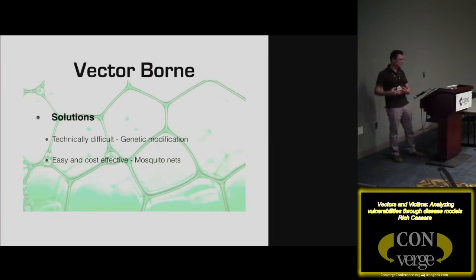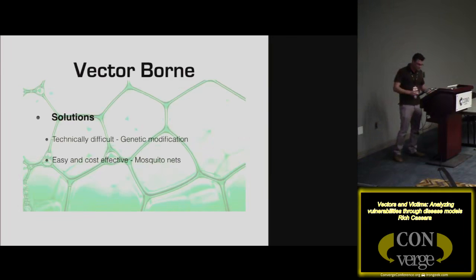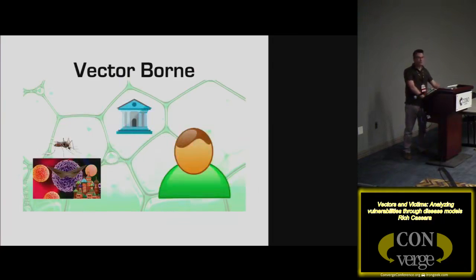It's really interesting science, but it's technically difficult and expensive. The alternative is to provide mosquito nets, which has proved really effective in poorer parts of Africa at reducing malaria infections.